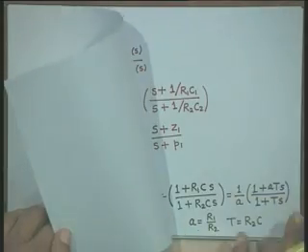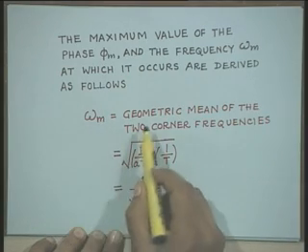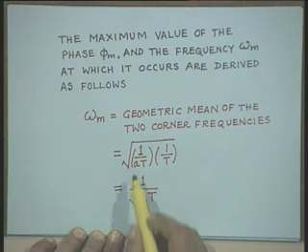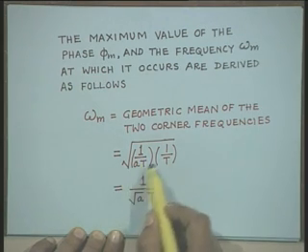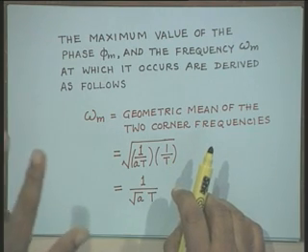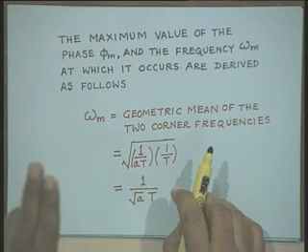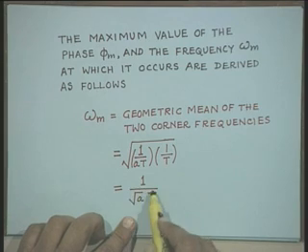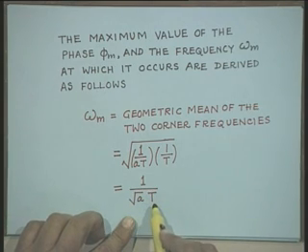Therefore, we consider omega m as the geometric mean of the two corner frequencies, which is obtained as the square root of (1/(A T)) times (1/T), that is, 1 divided by (square root of A) times T.